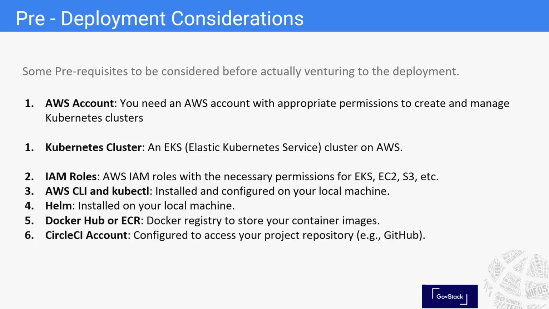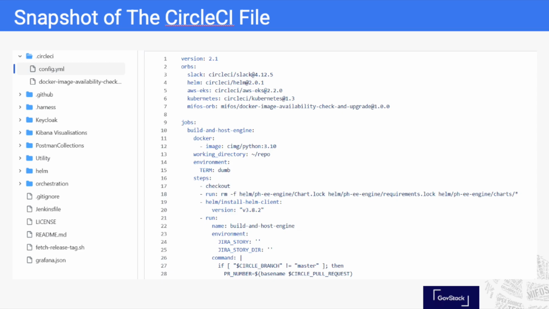You could just create an account and pull the commands directly from the browser. But you need an account, and then you have to integrate your GitHub or any repository where you're keeping the code with it. So it gives you a lot of leeway into from where you want to pull the code and which system you want to use. These are just some of the steps that you have to follow.